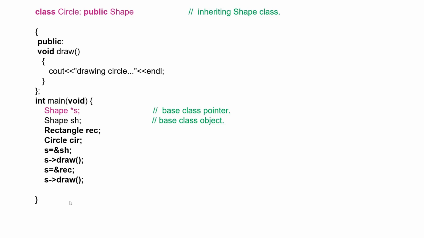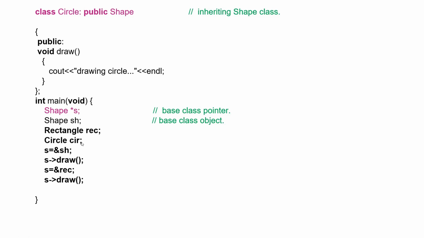Now the main function, int main(void). Shape *ptr is the base class pointer; Shape is the base class, so the pointer is a base class pointer. Shape sh is the base class object. Now Rectangle rect is the object of the rectangle. Then Circle cir is the object of the circle.